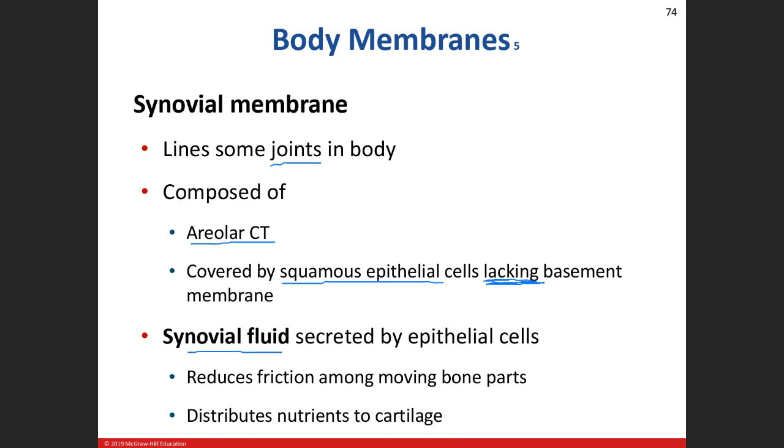Now there are many roles for synovial fluid, which we'll go into in detail later on, but its big role is to reduce friction in the joint itself. It acts as a shock absorber, and also helps to distribute nutrients to the underlying cartilage, because we talked about hyaline cartilage, and hyaline cartilage lines what we call the articular ends of bones, which are the parts of the bones that connect or touch another bone to form a joint.